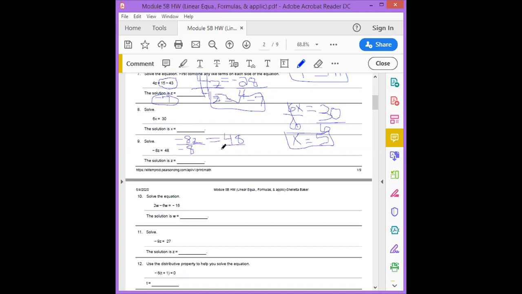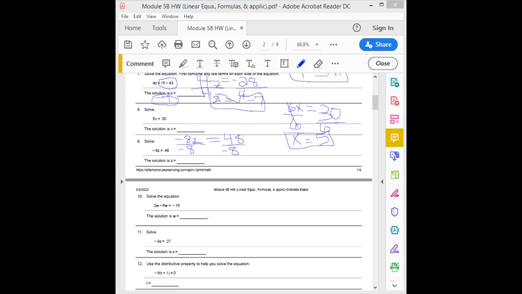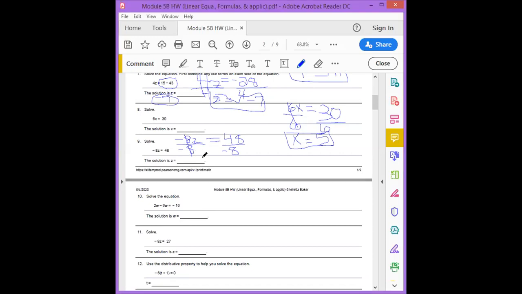We're dividing both sides of the equation by negative 8. So we have 48, and we're dividing by negative 8 on the right side. The negative 8's will cancel over here on the left. So z equals 48 divided by negative 8, which is negative 6. That's our solution. z equals negative 6.